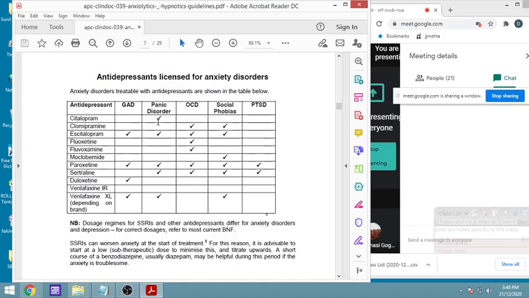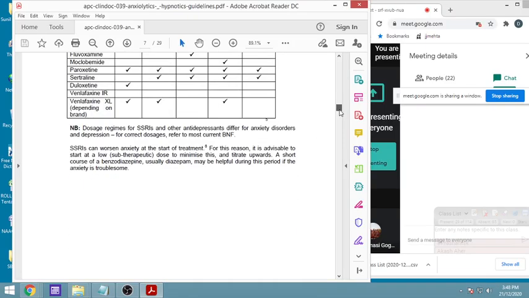Venlafaxine is not clear, but we can give the extended release; immediate release is not very useful, it takes time. Extended release will be effective in generalized anxiety disorder, and it can be useful in panic disorders and social phobias. So these are various agents which are effective in various conditions.